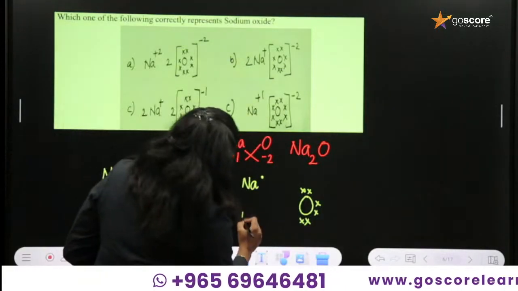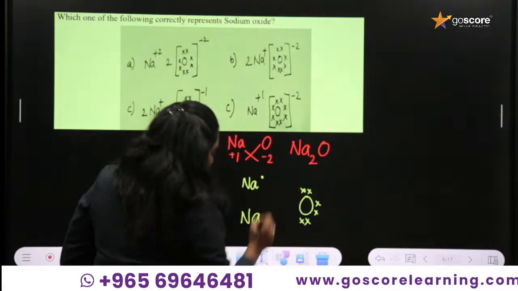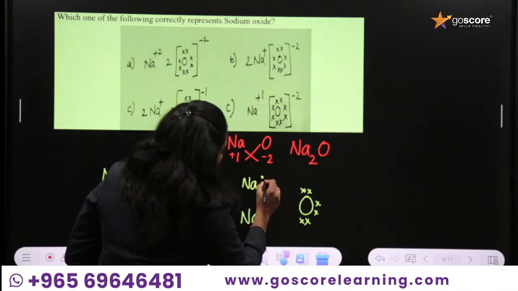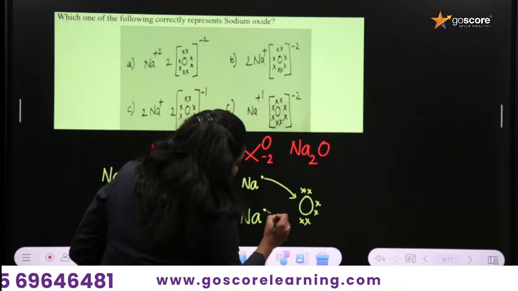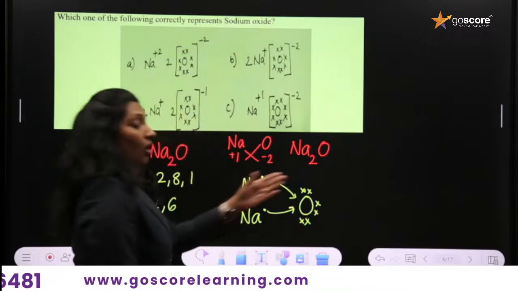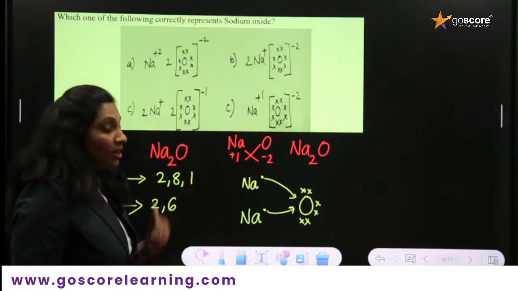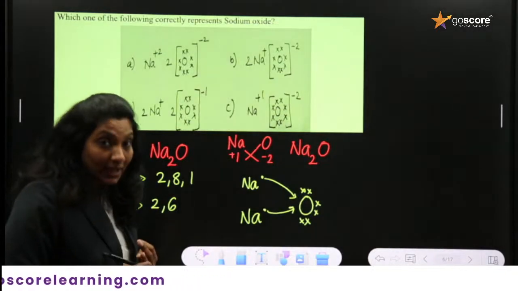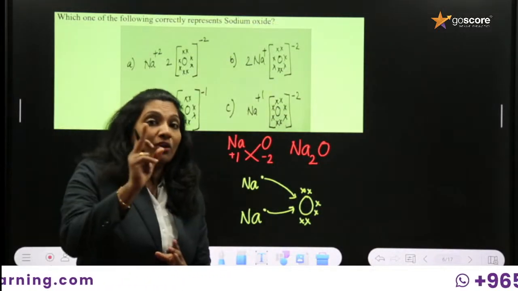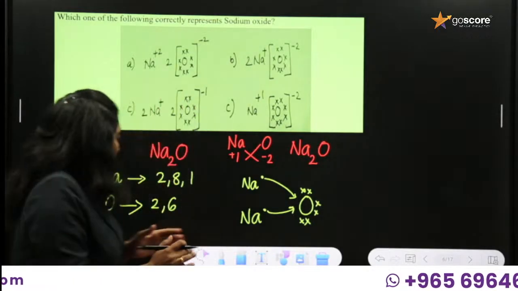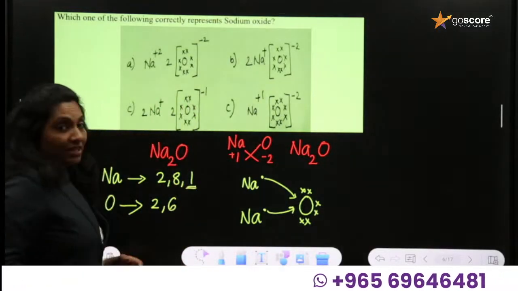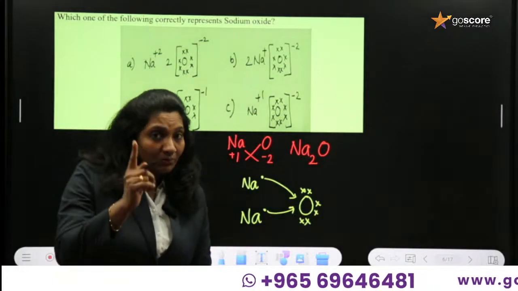So we have 2 sodium, Na2. Each one will be giving out its 1 valence electron to oxygen, and sodium will form Na+1 by losing only 1 electron. Sodium has only 1 electron in its valence shell and it can donate only 1 electron.